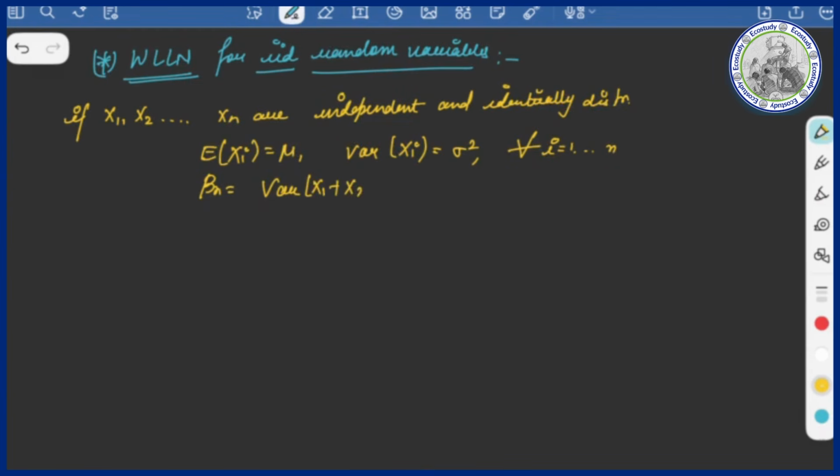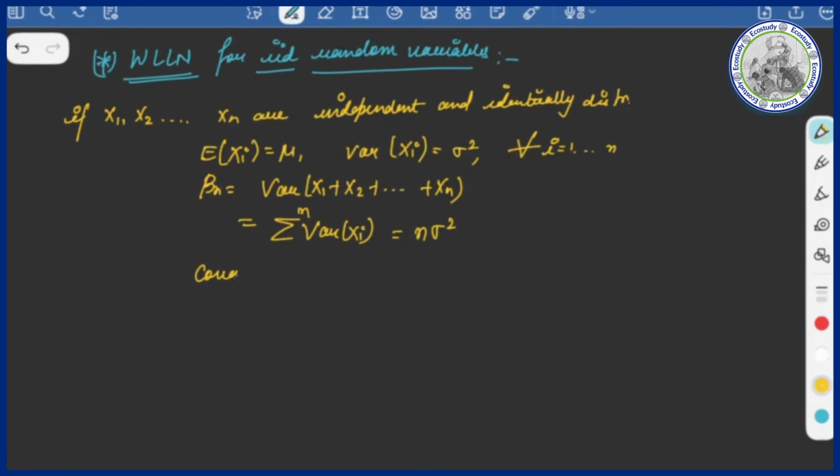Variance of X1 plus X2 plus dot plus Xn. Since all the variances are the same, we can write it as variance of Xi for all n, and that is equal to n sigma square, because each variance is sigma square, so sigma square plus sigma square up to n terms is n sigma square.